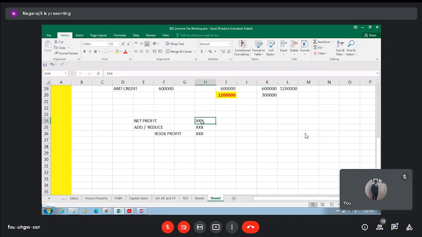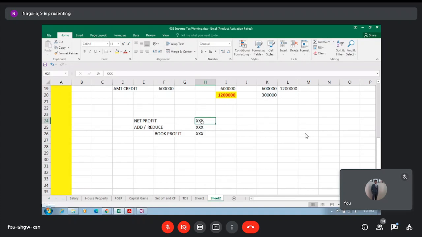There are around 12 to 13 items of addition and 12 to 13 items of deductions, or take it on average 10 deductions and 10 additions. You will not be given all those 10 deductions and 10 additions. They may give maybe one.